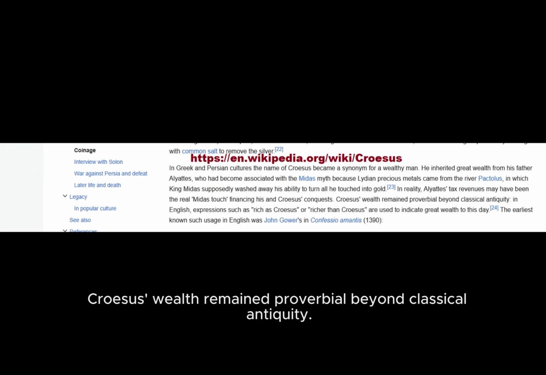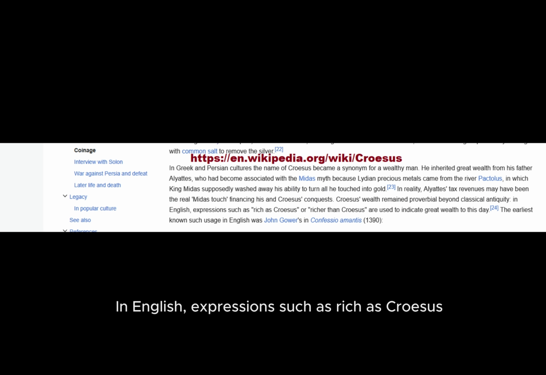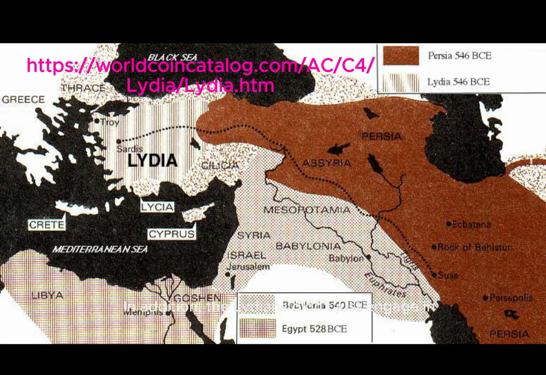Croesus's wealth remained proverbial beyond classical antiquity. In English, expressions such as "rich as Croesus" or "richer than Croesus" are used to indicate great wealth to this day.